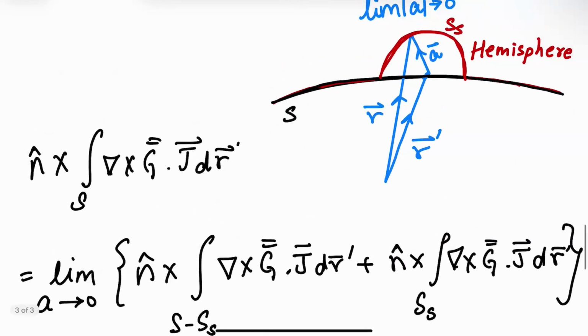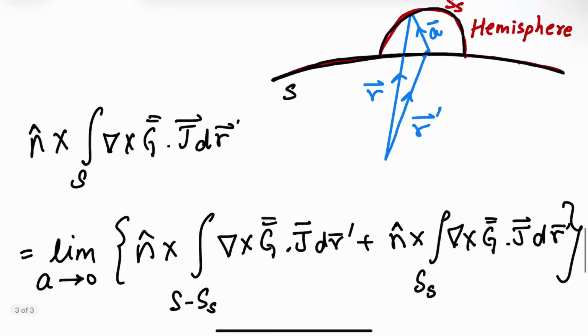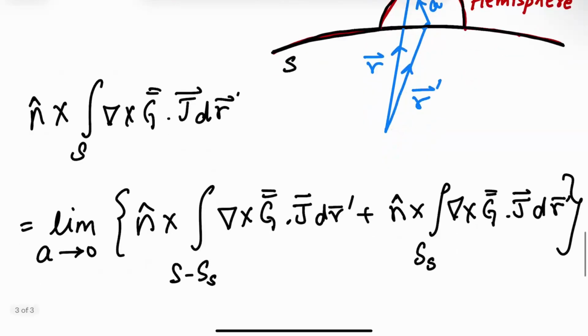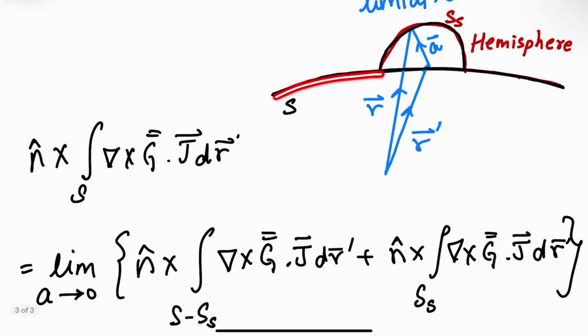In the deformation, S is this total thing, S minus SS will then be just this part, and SS is this part.